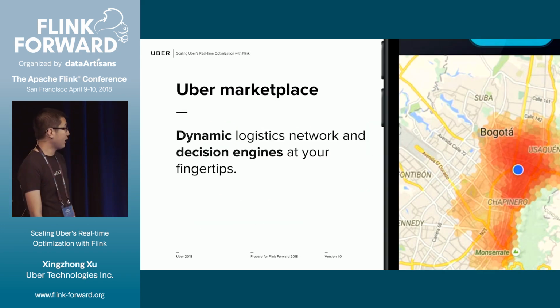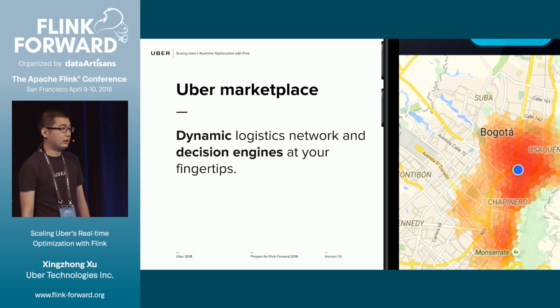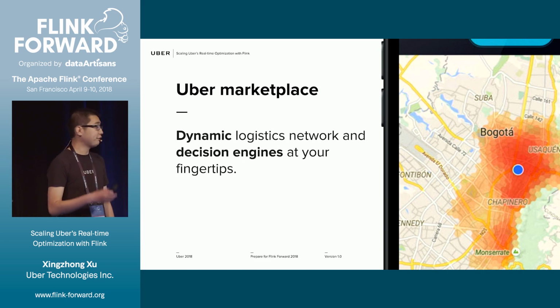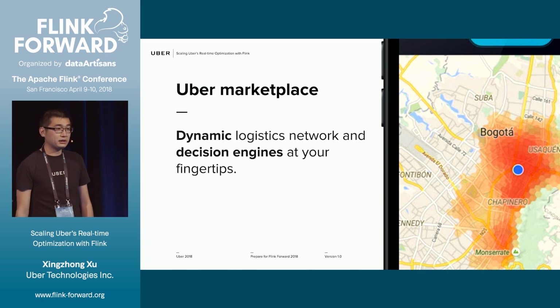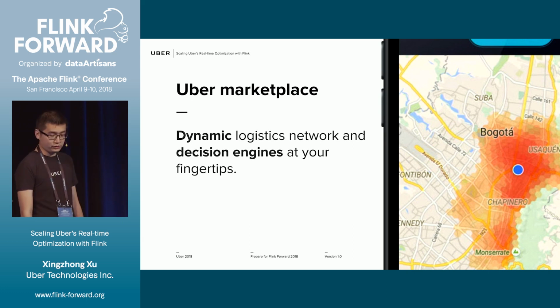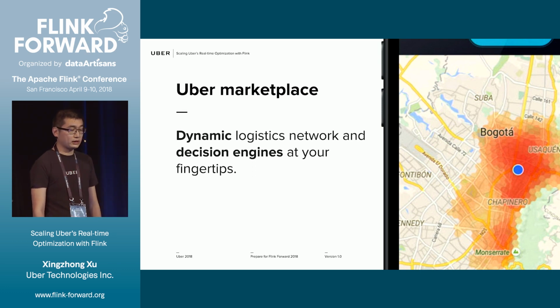As you can tell, Marketplace, this organization inside of Uber, we call the central brain of Uber, because after you click some button in the app, a million things actually happen in the backend. Two things I'm trying to emphasize today. One is what we call the dynamic logistics network, which you can consider as an inside view of Uber's marketplace. The other part of the Uber marketplace is all about the decision engines.